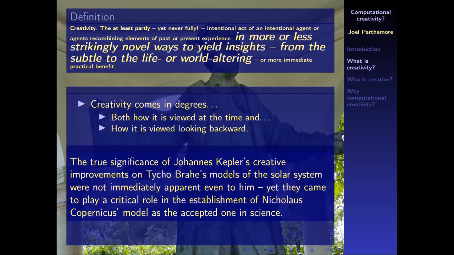So for example, the true significance of Johannes Kepler's creative improvements on Tycho Brahe's models of the solar system, and I think they were tremendously creative in their inspiration, in their execution, were not immediately apparent even to him. Yet they came to play an absolutely critical role in the establishment of Nicholas Copernicus's model as the accepted one in science, and really led to a huge explosion of creativity in Enlightenment science.